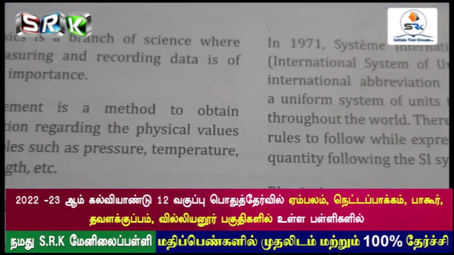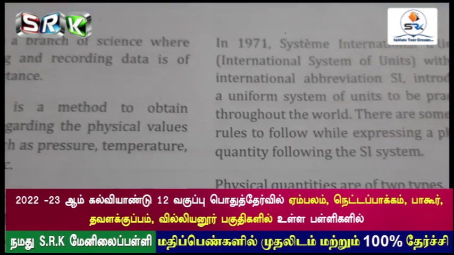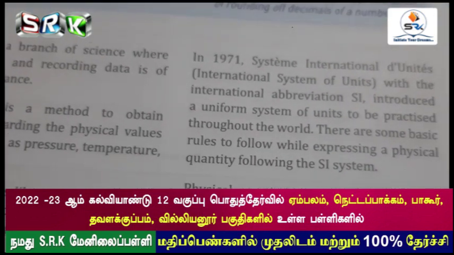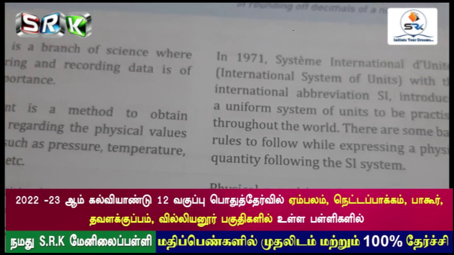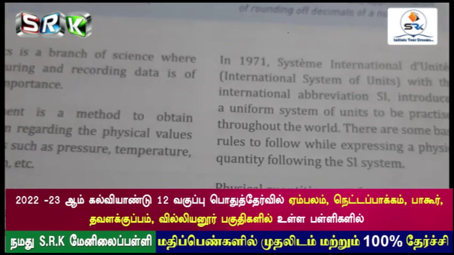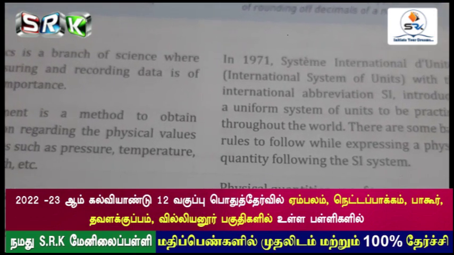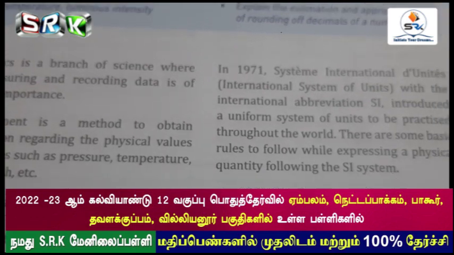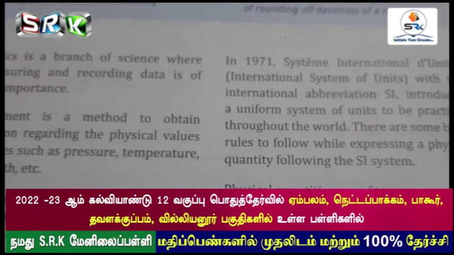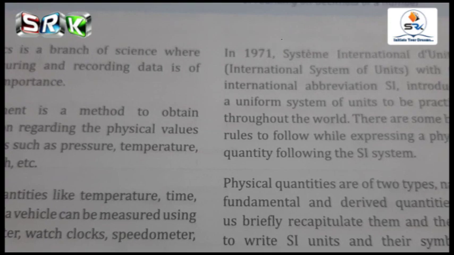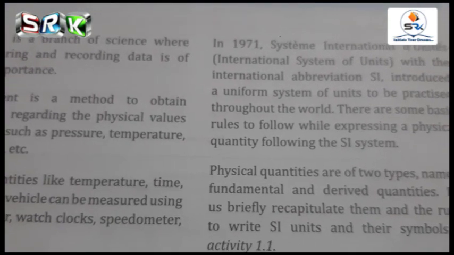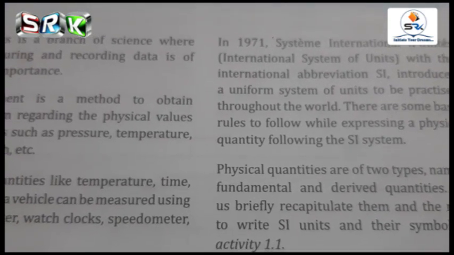And in 1971, the Système International d'Unités, the International System of Units, SI, was introduced. SI units were introduced as a uniform system of units to be practiced throughout the world.